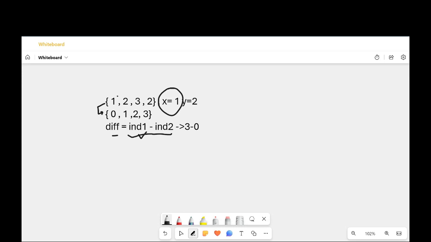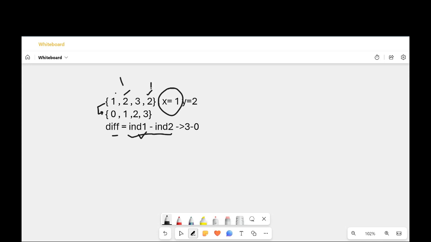Okay, and for example, we have x as 1 and y as 2. So 1 is present at the 0th index and 2 has two instances, at the first index and the third index, right? So we need to find this difference. At this point, we have the difference as 1 when we consider the y present at the first index.